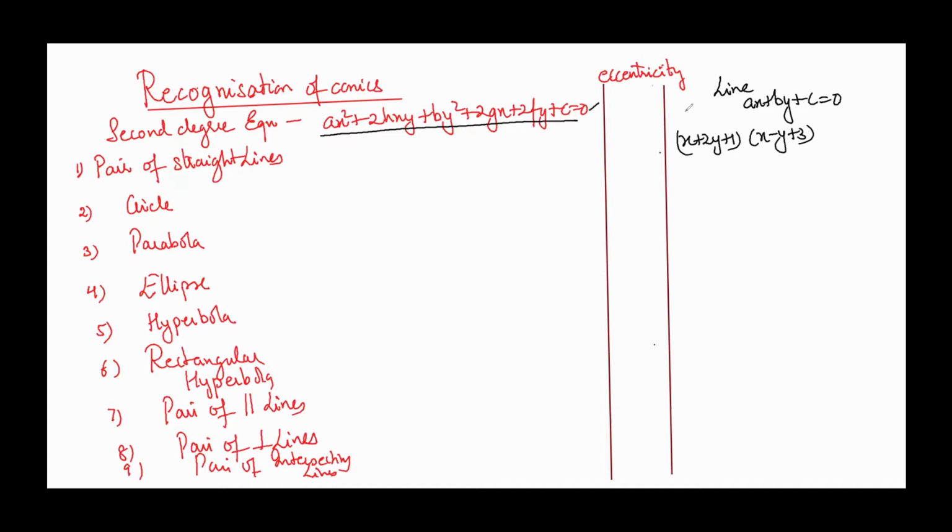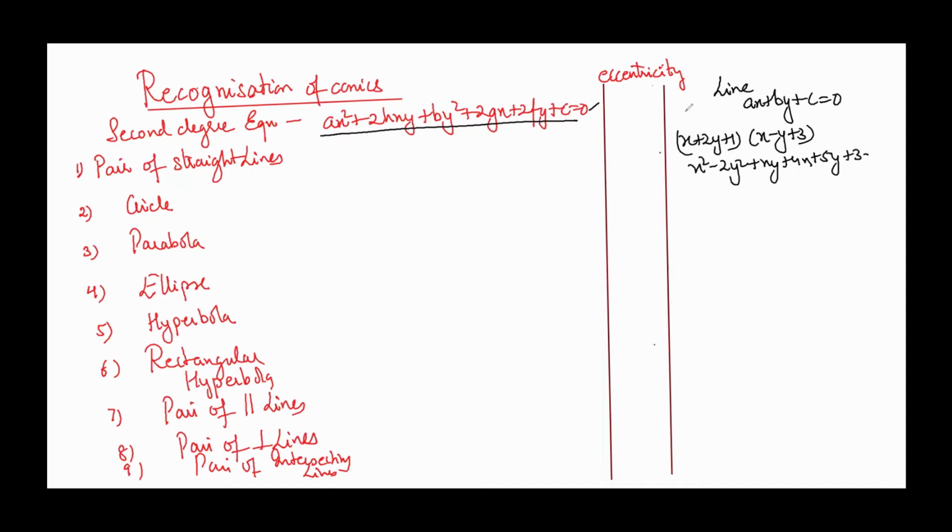Now look, when I multiply this x with x, I get x square, and 2y with minus y, I get minus 2y square, and here further I get minus xy plus 2xy, that is xy, 3x plus x, that is 4x, and this is 6y minus y, so this comes out to be 5y, and 1 into 3.